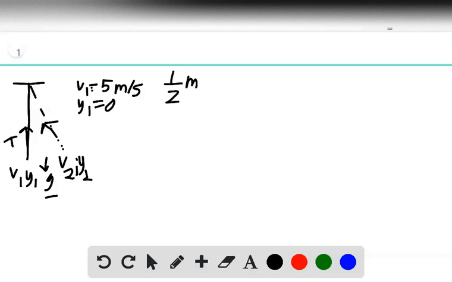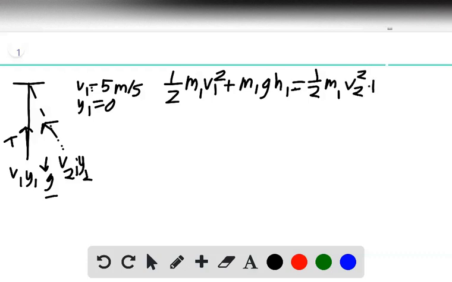So 1/2 m1 v1 squared plus m1 g h1 equals 1/2 m1, mass isn't going to change, or we're told that mass isn't going to change, v2 squared plus m g h2. All right, so right away looking at this equation, mass isn't going to change, so it can just cancel from both sides of the equation.